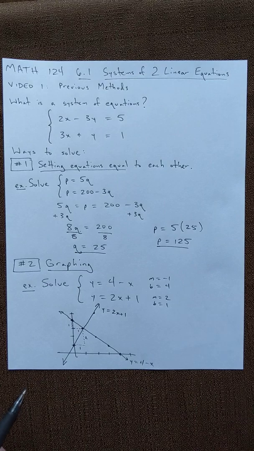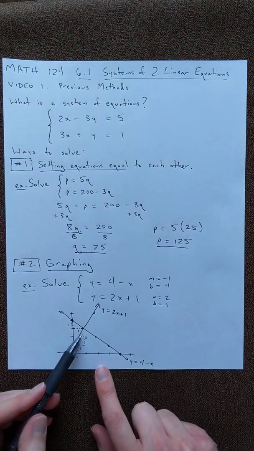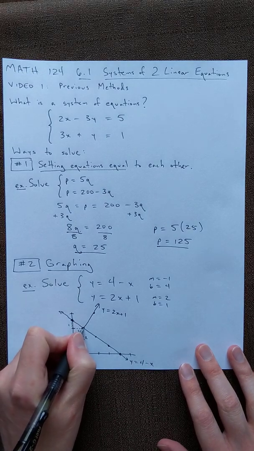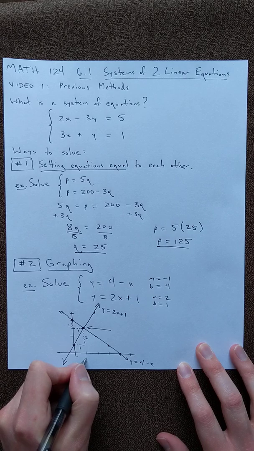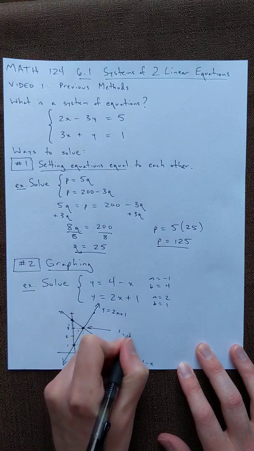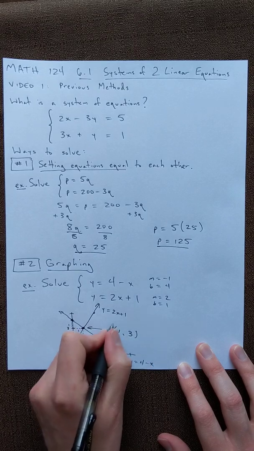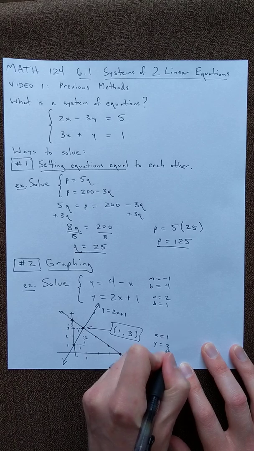And again, finding the solution of a system of linear equations means where do the lines hit? And they look like they're hitting right here. This is the point x is 1 and y is 3. So this is the point (1, 3), or x is equal to 1, y is equal to 3.